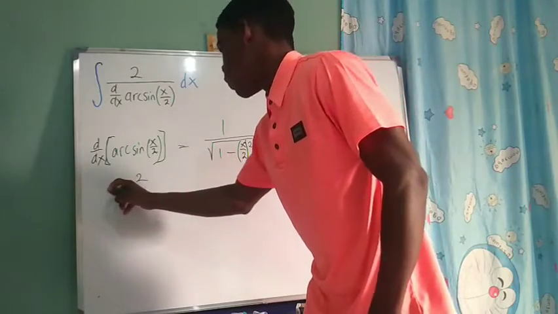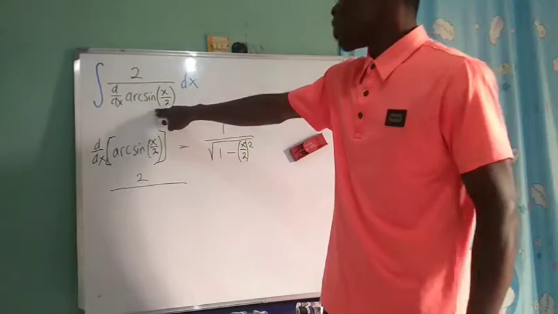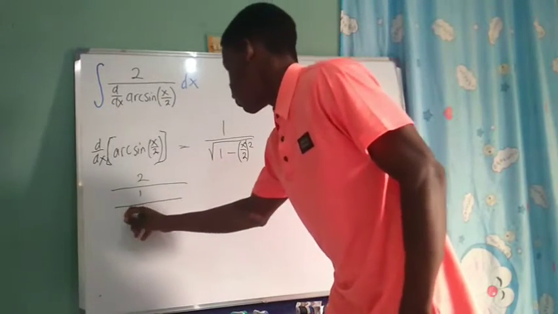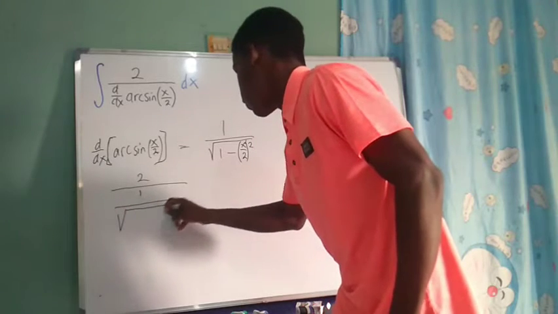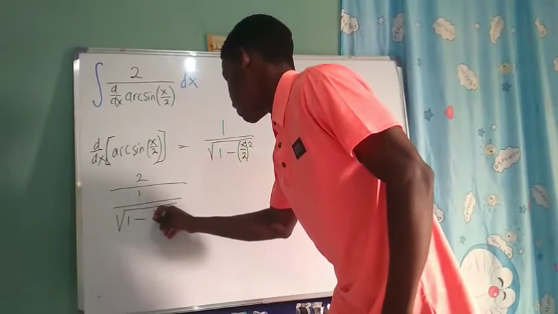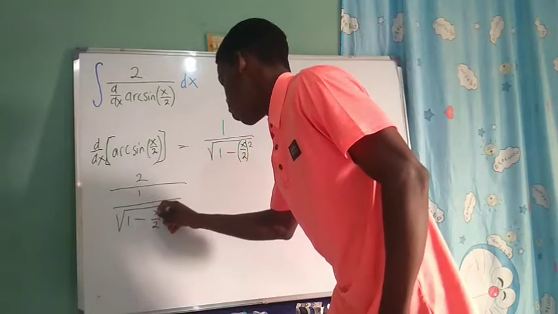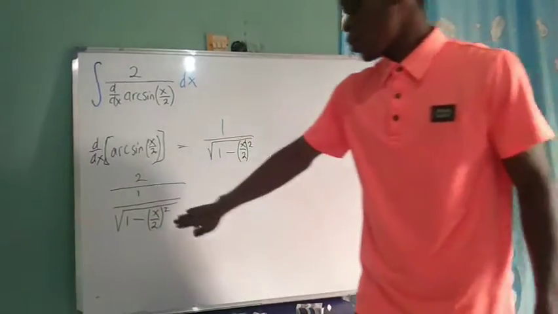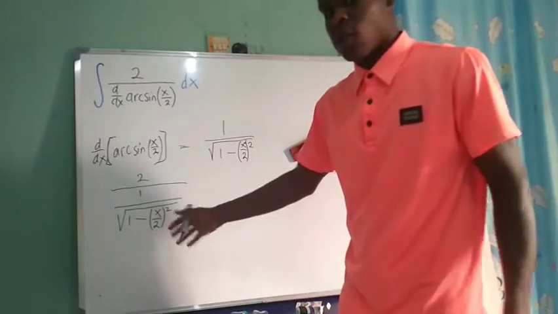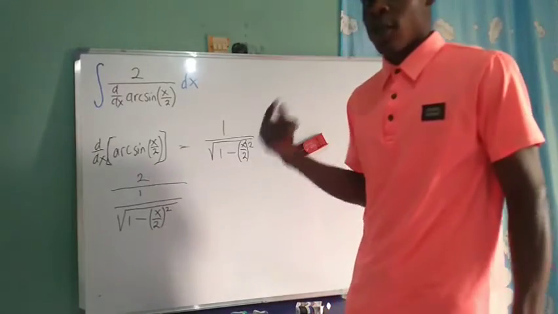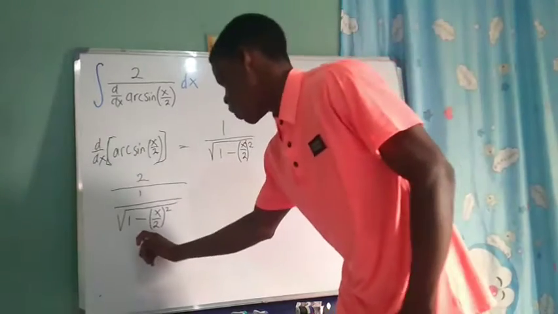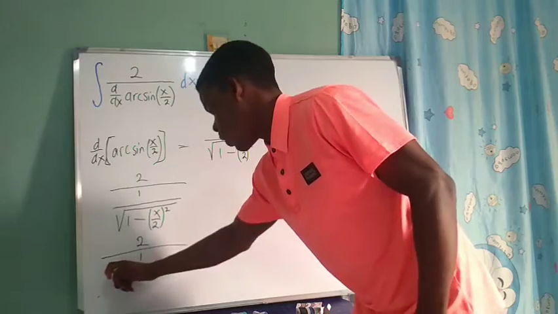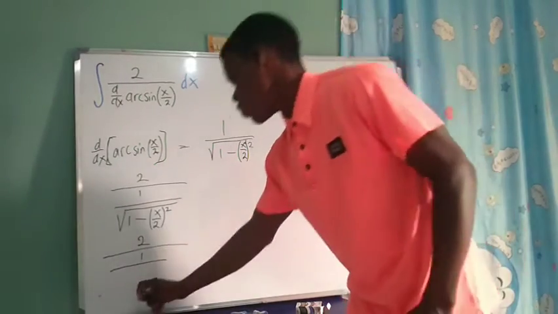So we have 2 over 1 over square root of 1 minus x over 2 all squared. Now, I believe you know that x over 2 all squared is just x squared over 4.